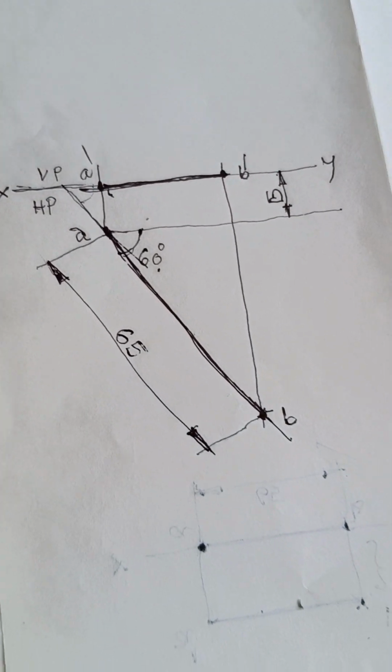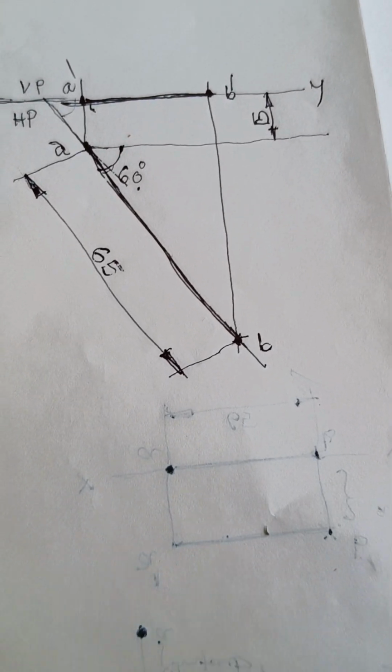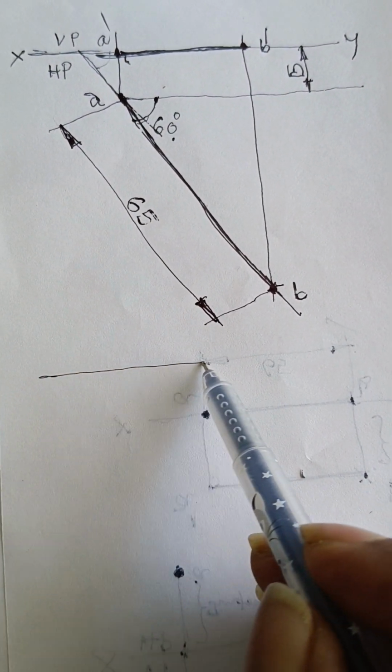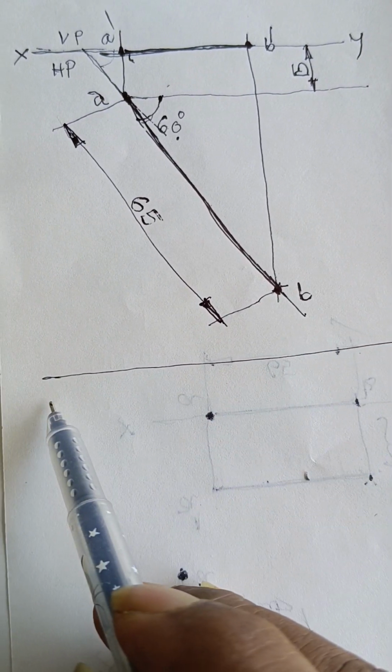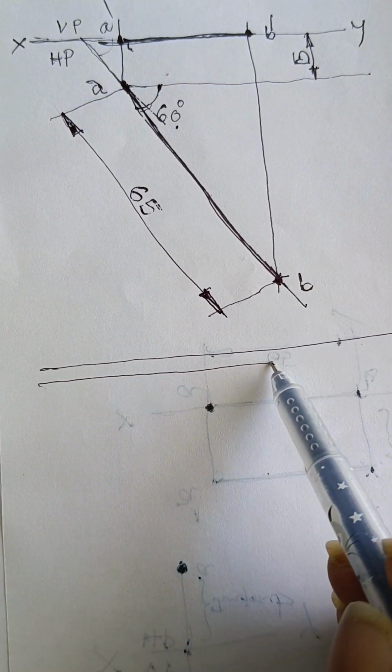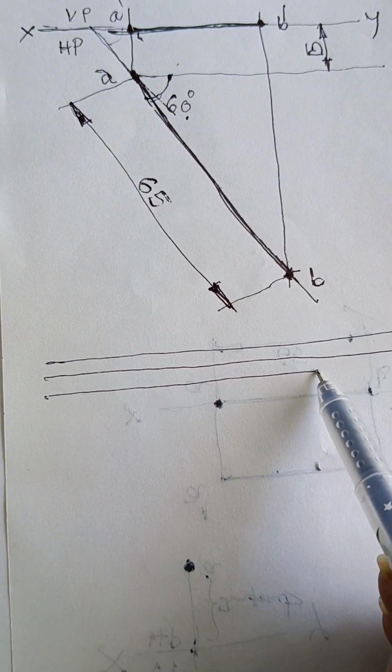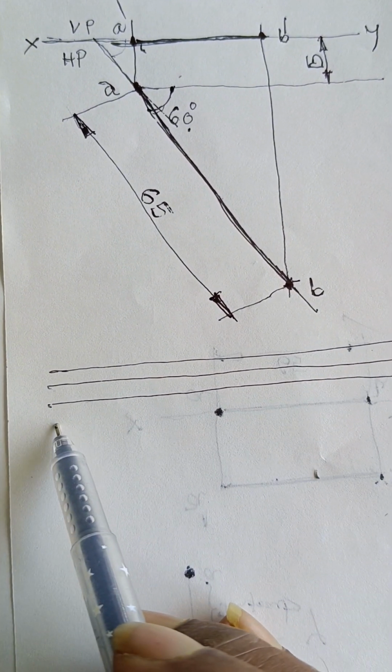After completing the total problem in this fashion, you need to draw guidelines below the problem. Guidelines should be parallel to each other, parallel to the horizontal line.